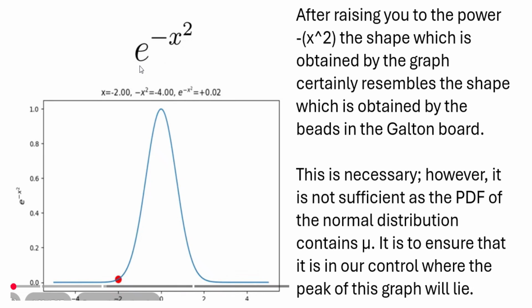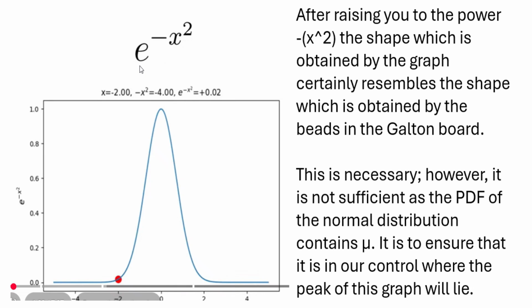Dealing with the first aspect, location: the location of any curve is determined by where the peak of that curve lies, and as we know, in a normal distribution the peak of the curve corresponds to the mean.